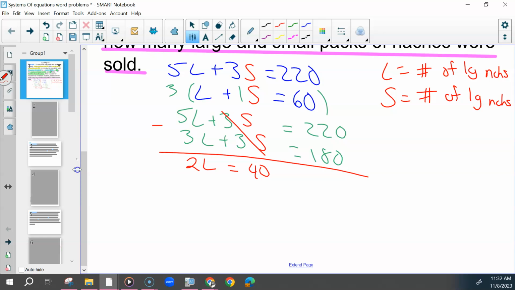And then when we divide, L would equal 20, but because these are word problems, just like before, we need to label, so 20 what? Large packs of nachos.